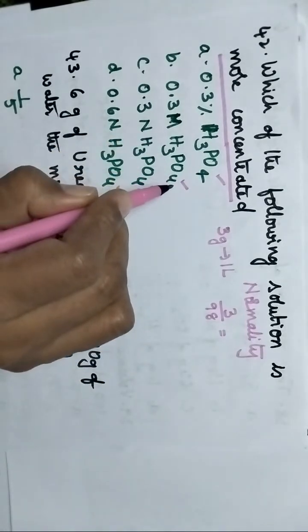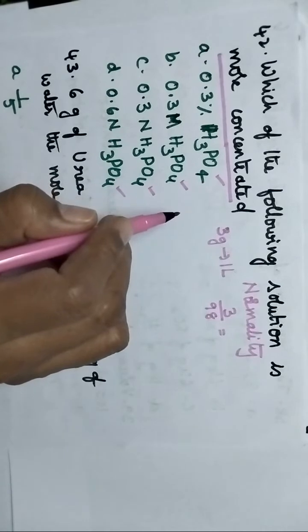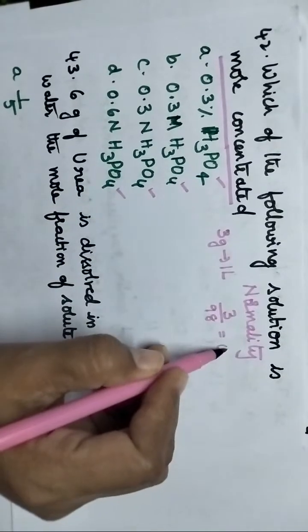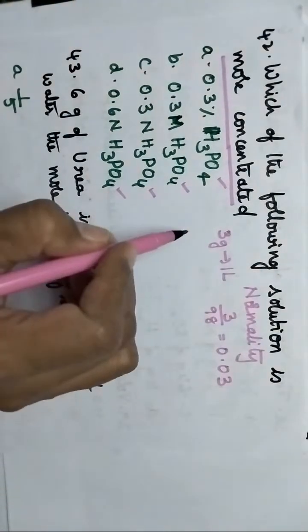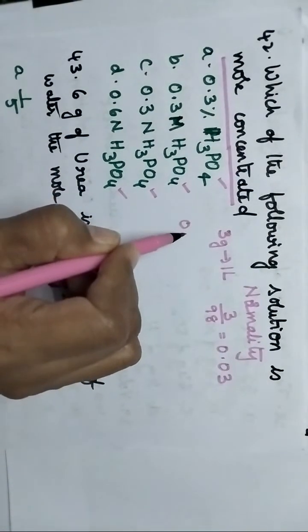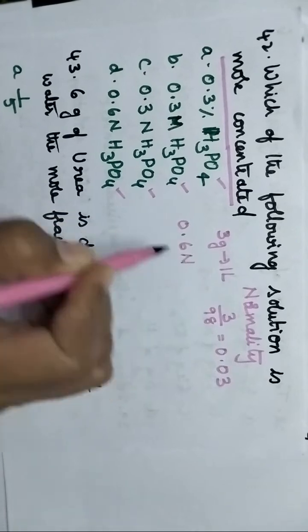It is phosphoric acid, the n factor is 3, and hence it is 0.9 normal solution.